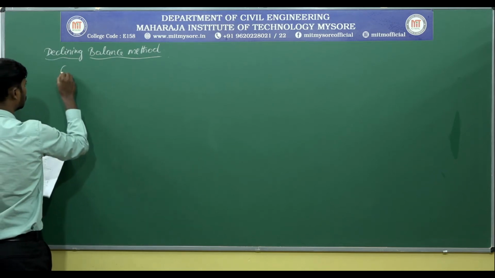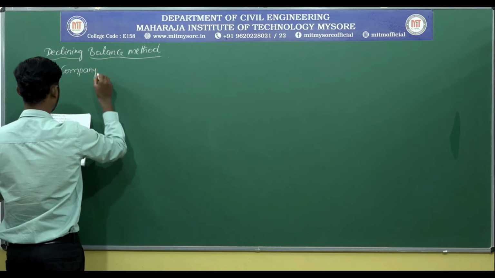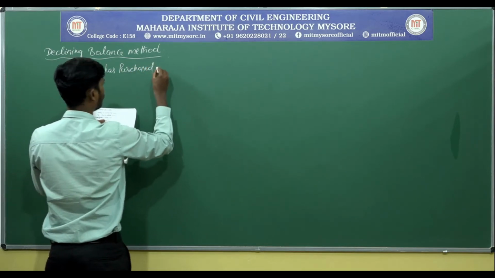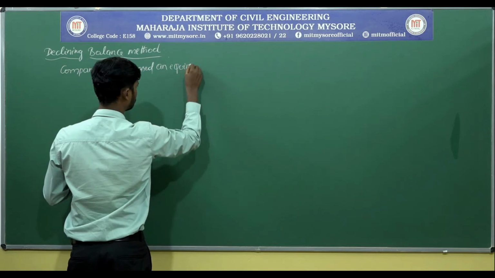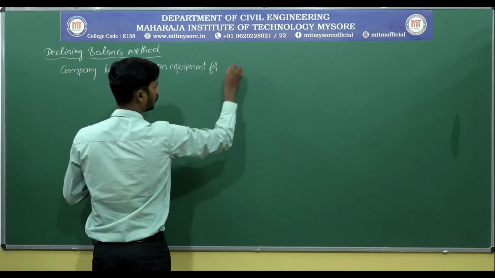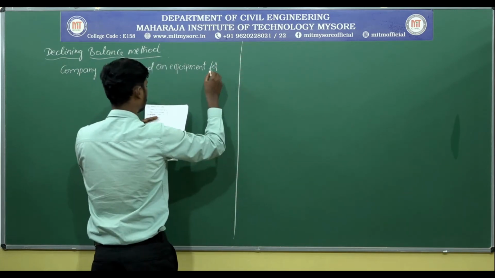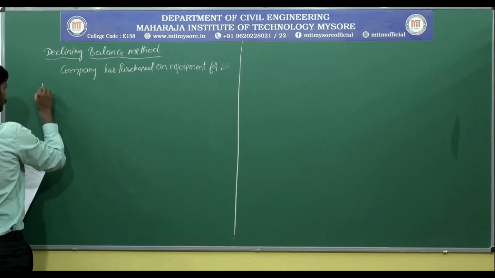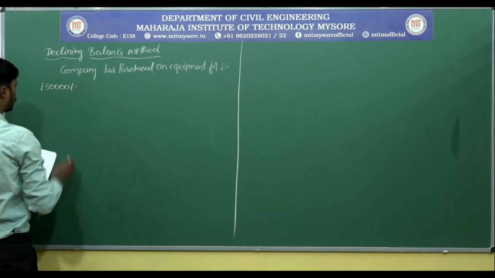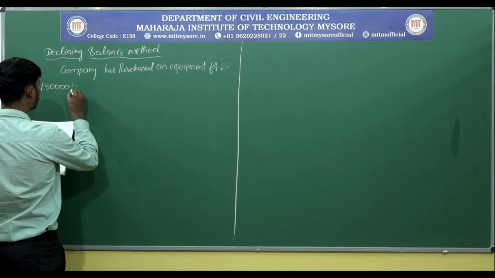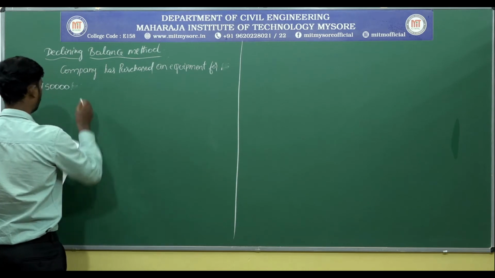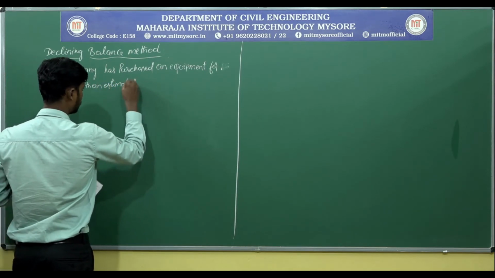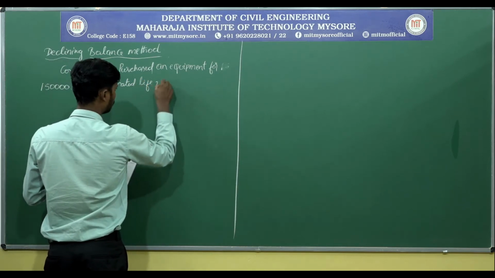Okay, the problem is: a company has purchased an equipment for 1,50,000 with an estimated life of 10 years.